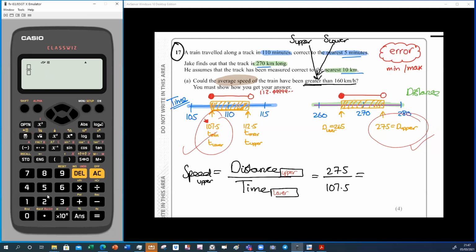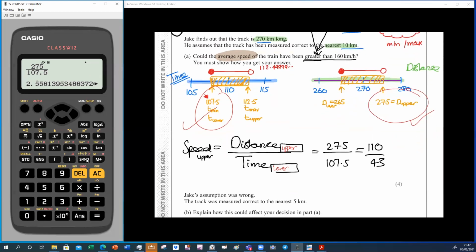Use the fraction button if you want to. Type it in, please, everybody. Wakey, wakey. Don't go to sleep. And don't wait for other people to do it for you. 2.5 and so on.